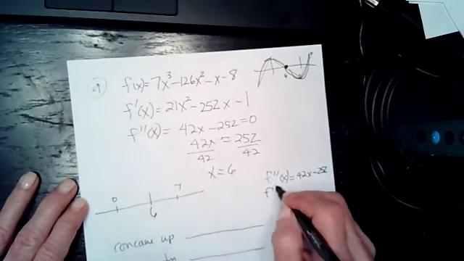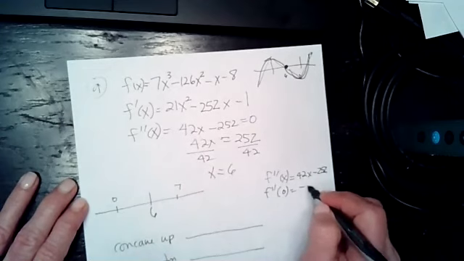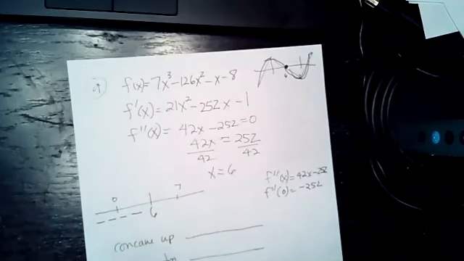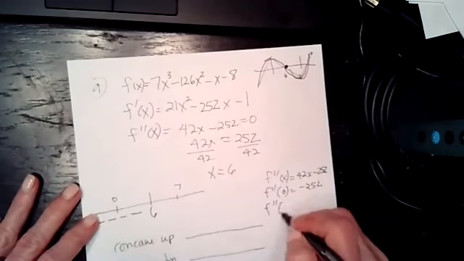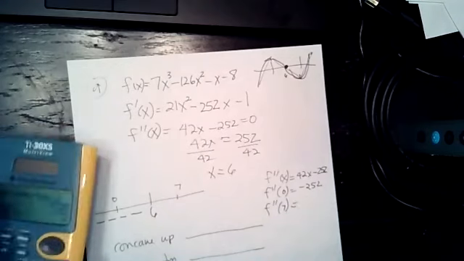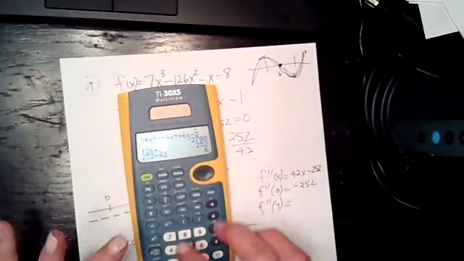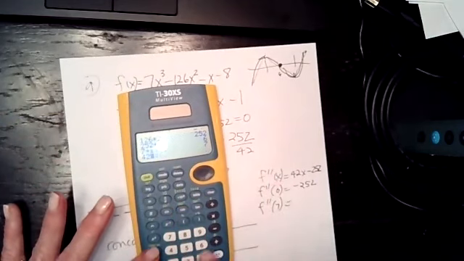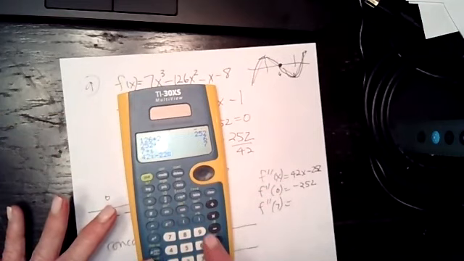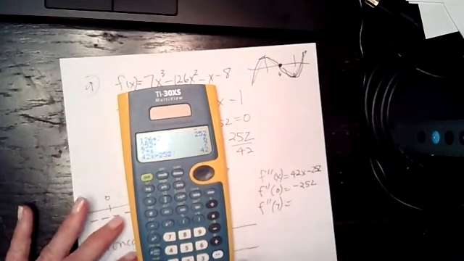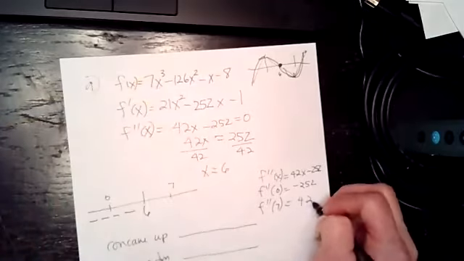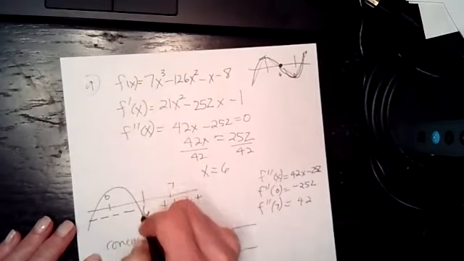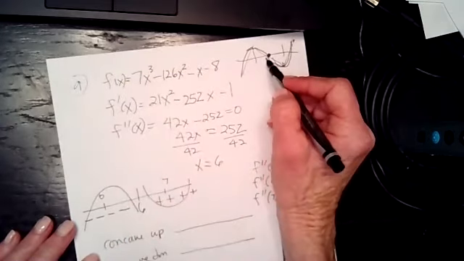Okay, so f double prime at 0 is negative 252. So this is negative. And f double prime at 7, I'm going to do 7, store for x, and enter. I'm going to plug it into my second derivative. And I get positive 42. So this gets positive. So concave down and concave up, which is exactly what we thought it should be.